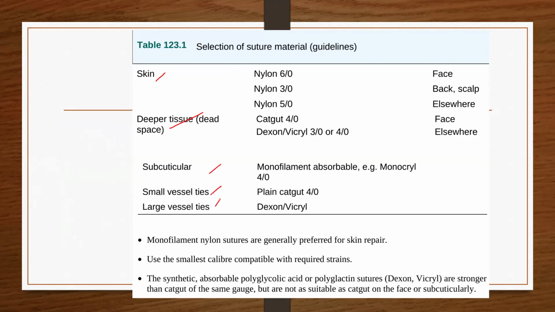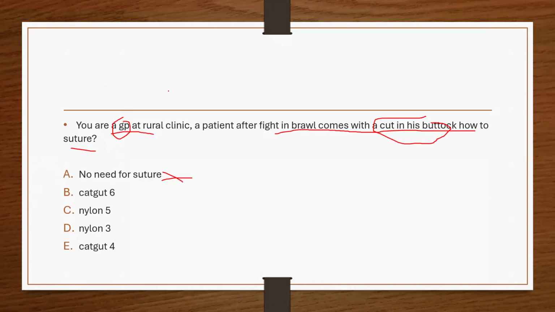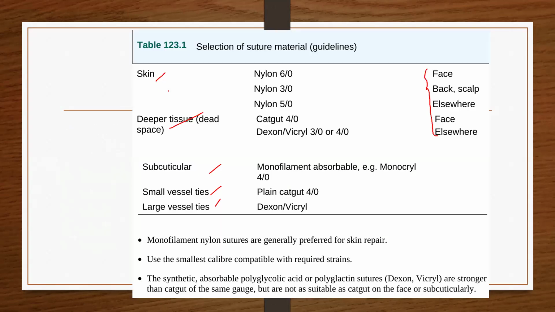And for skin and deeper tissues, you have face, back of scalp, elsewhere, likewise. Now our patient is having a cut in the buttock. So for buttocks, back and scalp, you are going to go with skin suturing with nylon 3. That's the recommended thing.